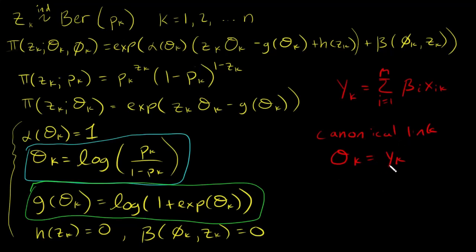So in other words, our yk would just then equal log of pk over 1 minus pk. All right. It's often also called the logistic link function. All right. So now, using this link function, we can find what our weights are going to be.